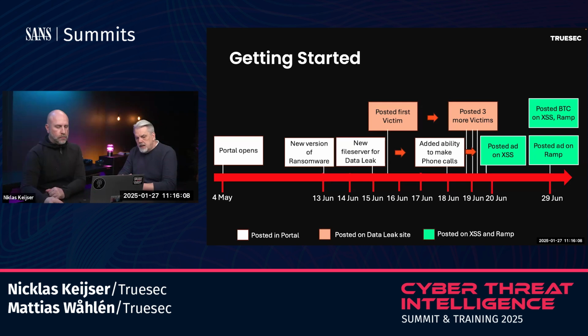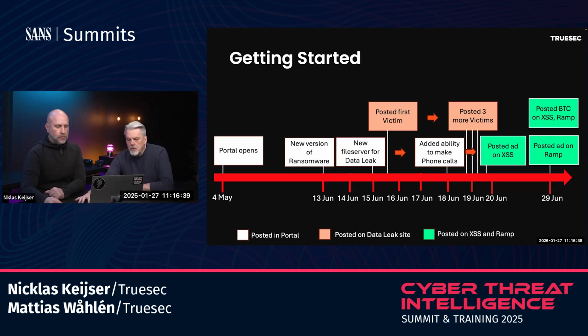They add this ability to make phone calls, check it out, make sure everything works, and post 3 more victims to pad out the number and make it look like they're an active group. And then when everything looks good, they post an ad on XSS. Then 10 days later, they also post Bitcoin on XSS and post an ad on RAMP that we're ready, we're signing affiliates now.